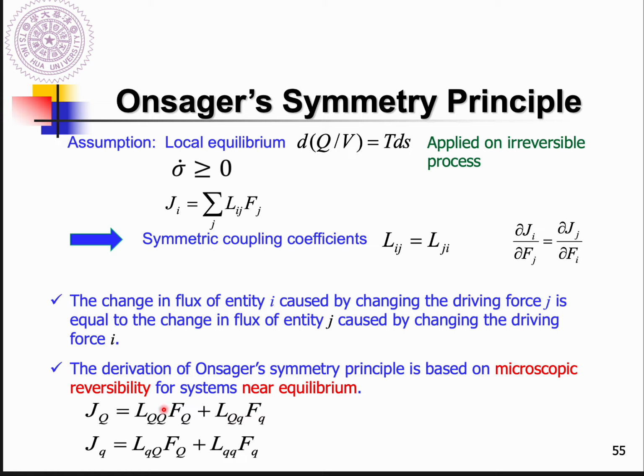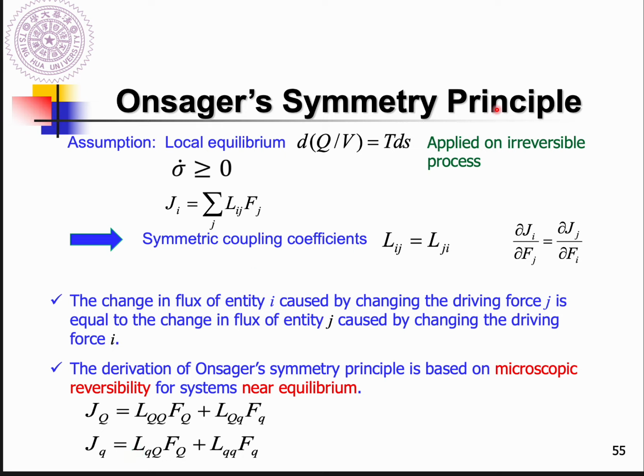So by using this Onsager symmetry principle, in the beginning, when you write down two driving forces, F capital Q and F small q, coexisting in this system, you will directly write down these two fluxes expressed this way. And in the beginning, you get 1, 2, 3, 4 coefficients, unknown coefficients, right?